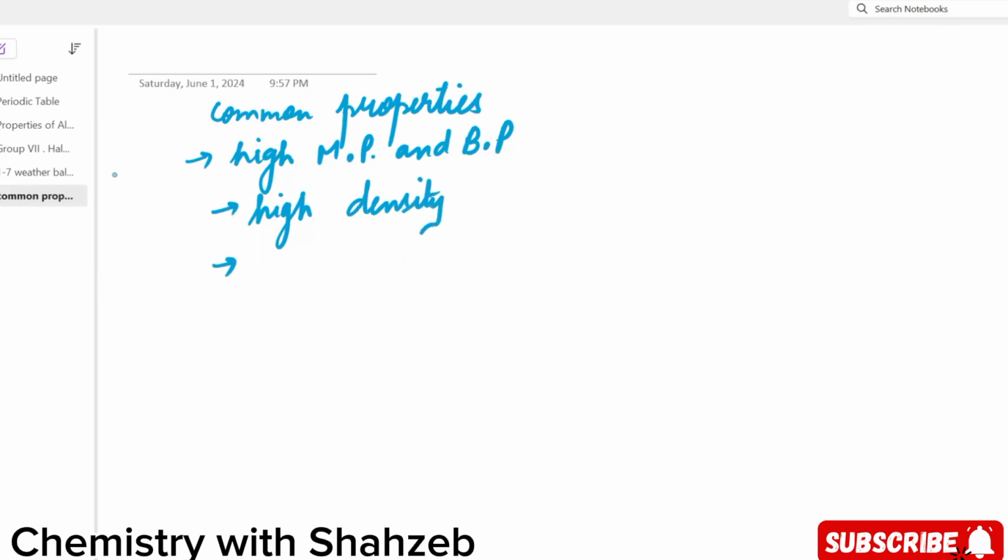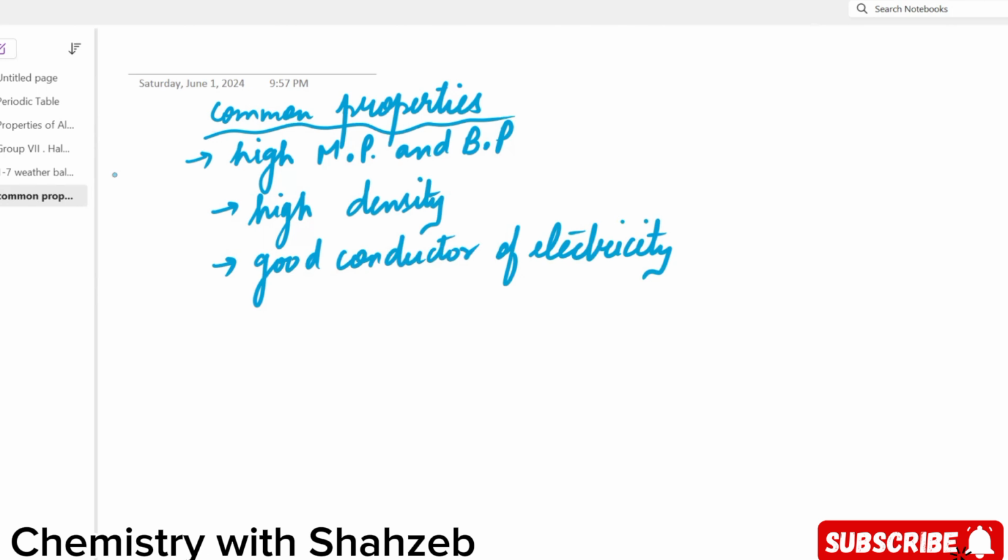And the third thing is that they are good conductors of electricity. Okay, so these are the properties that are associated with transition metals, and this is all about the periodic table.